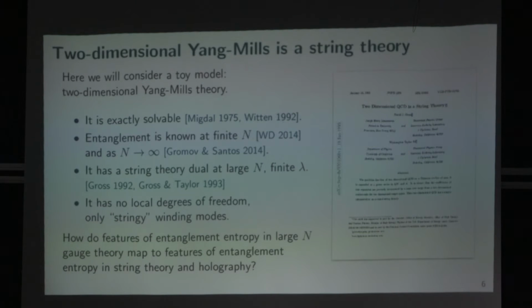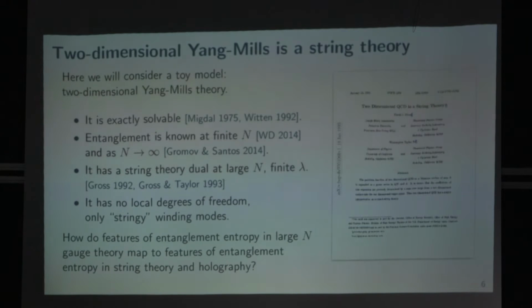Now, one thing that's special about this string theory is that it has no local degrees of freedom. So two-dimensional Yang-Mills is a quasi-topological theory. I'll explain what that means in just a moment. So the theory has no local degrees of freedom, but we'll see it has these non-local winding type of modes.